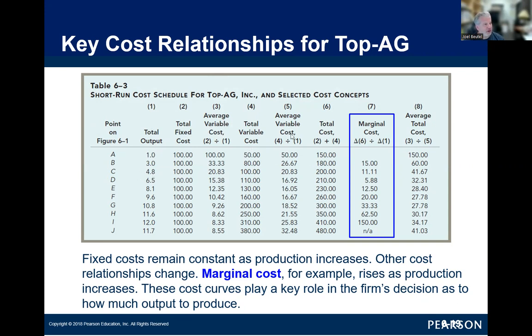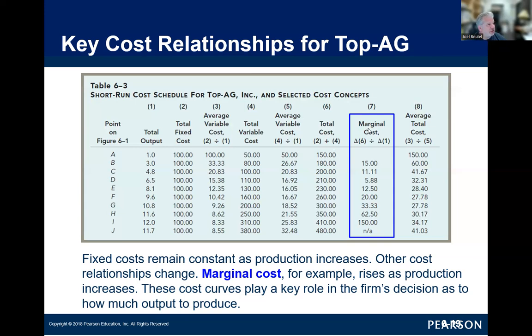So 50 divided by 1, 50. You've got our total cost, which is just adding the fixed and the variable, adding 2 and 4. We've got our average total cost. I don't like the way they're doing it, but I'll leave it to you guys.